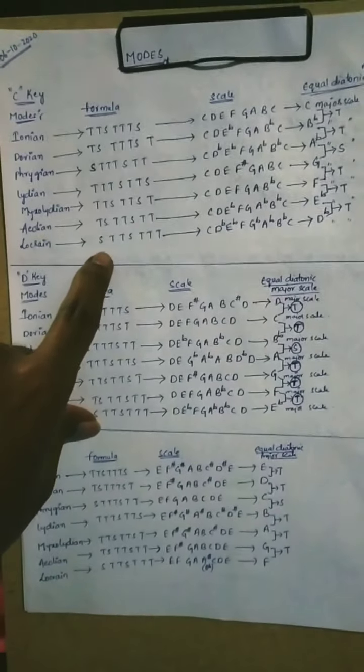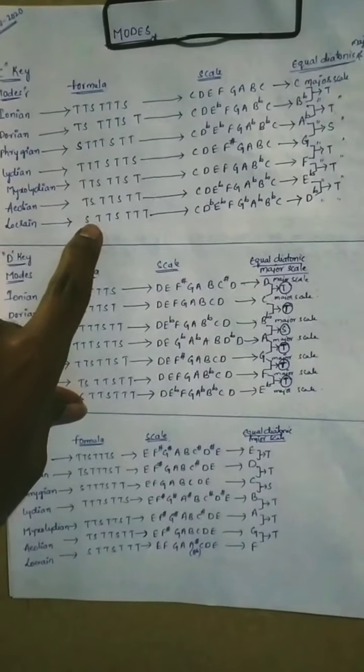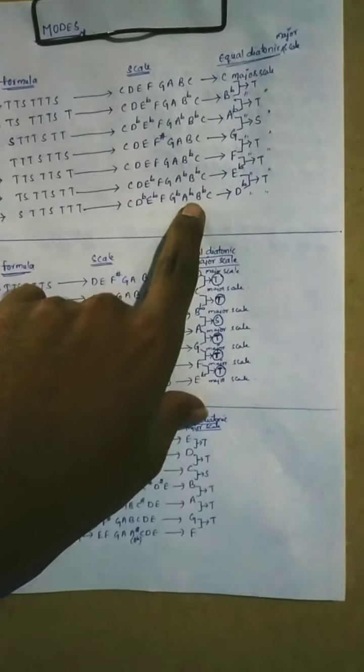So in the same way, when we apply the Aeolian formula and the Locrian formula to the respective C tonic key, we get these scales, and the notes of these modes are equal to the notes of diatonic major scale accordingly.